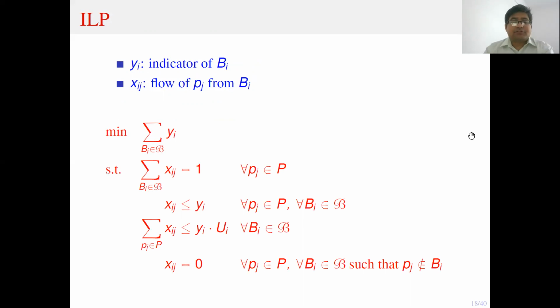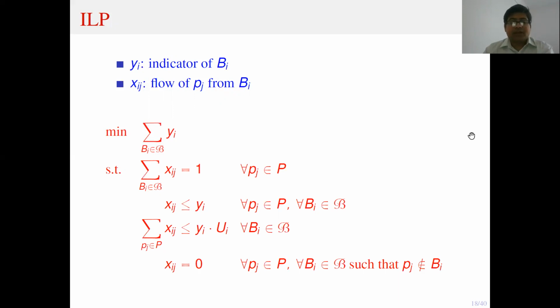And the ILP constraints are as follows. The first constraint is that each point pj should receive exactly one unit of flow from all the balls, or its one demand must be satisfied by all the balls. The second constraint says that if a point is assigned to a ball, then the ball must be selected in the solution. The third constraint is the capacity constraint, which says that the total number of points assigned to a ball must be bounded by its capacity.